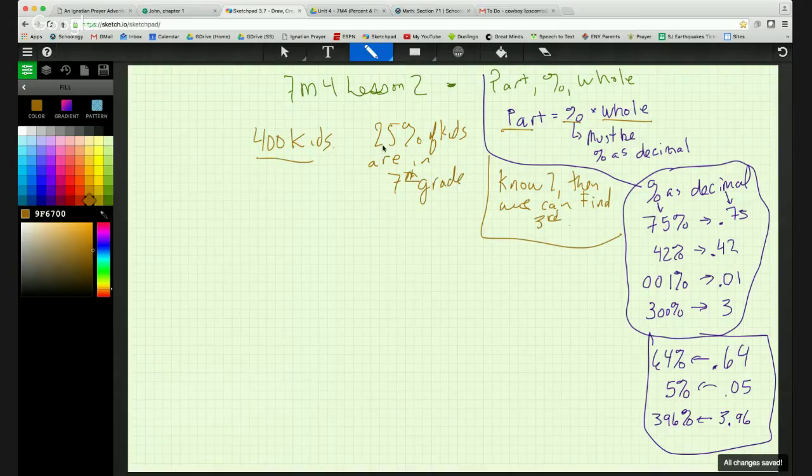So our whole is 400. Our whole is 400 kids. We have a total of 400 kids, and 25% of the kids are in 7th grade.